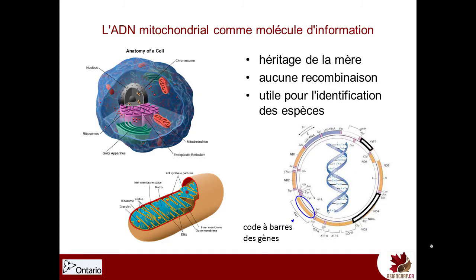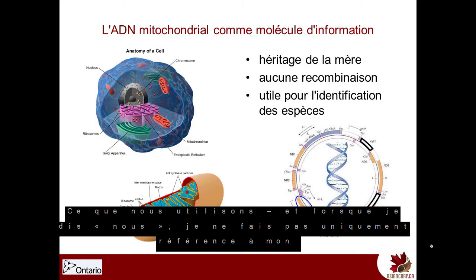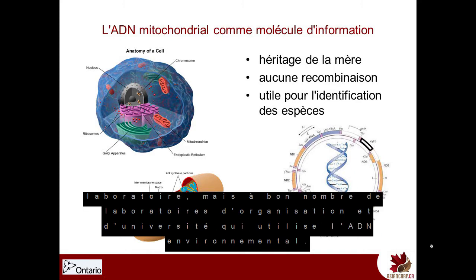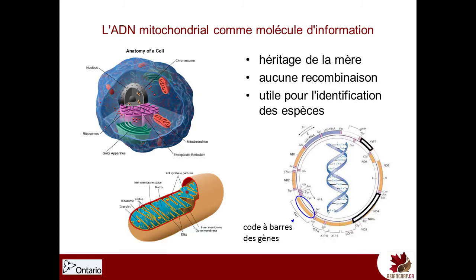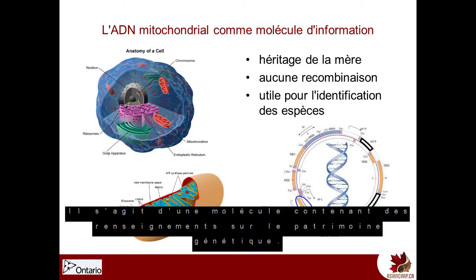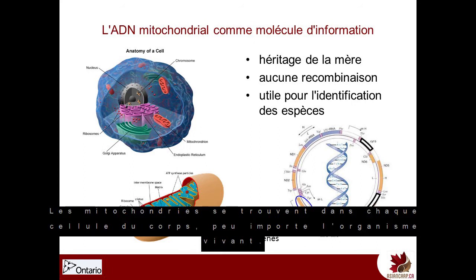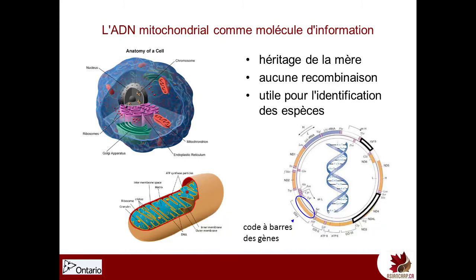So what we use for this, and "we" is not just my lab, there's a number of agency and academic labs using environmental DNA. So far, the best resource for this is mitochondrial DNA, a heritable information molecule. Mitochondria are in every cell in your body, and this is true for all living organisms.